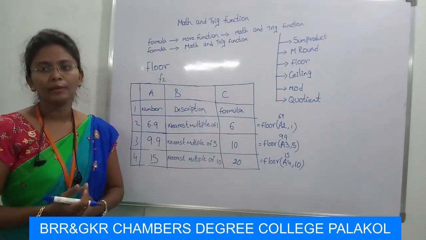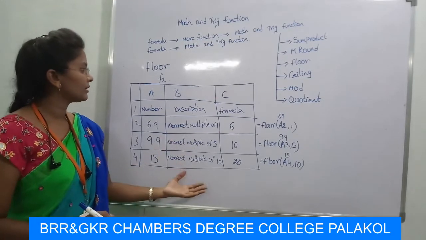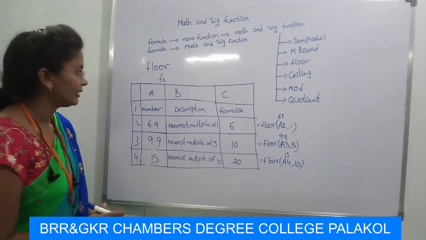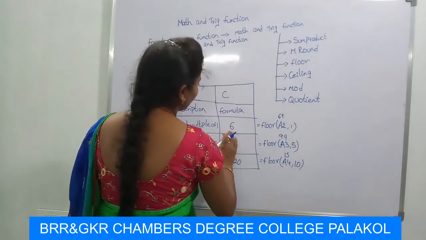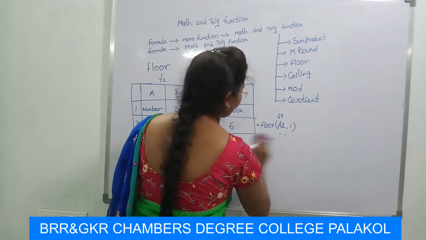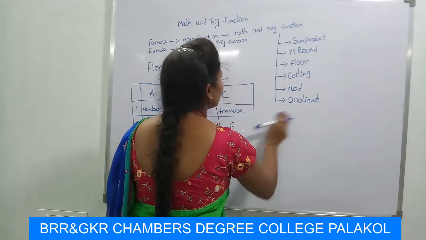Here I am taking just approximate values over here. If you want to enter the exact value, that will be different. And then the next one is CEILING.